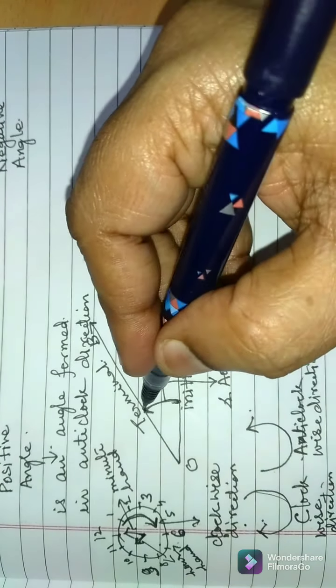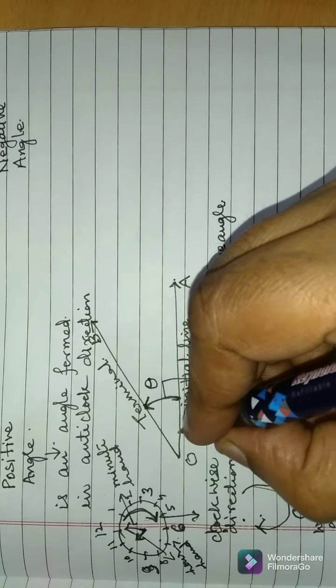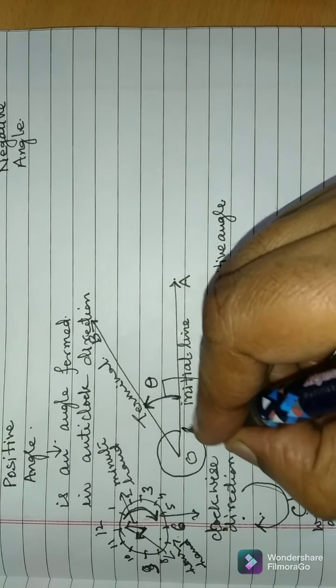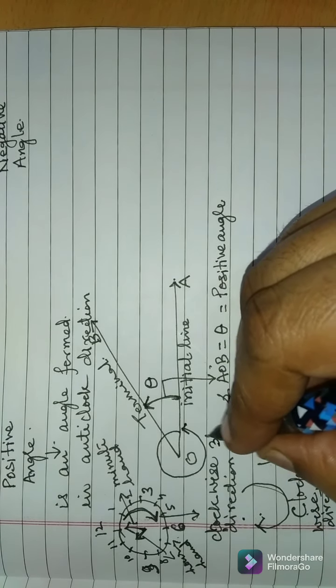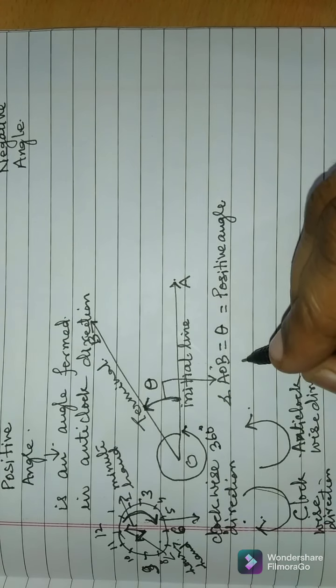Suppose this angle is theta, so which type of angle is it? Positive angle. Suppose one full rotation takes place. It is positive 360 degrees.